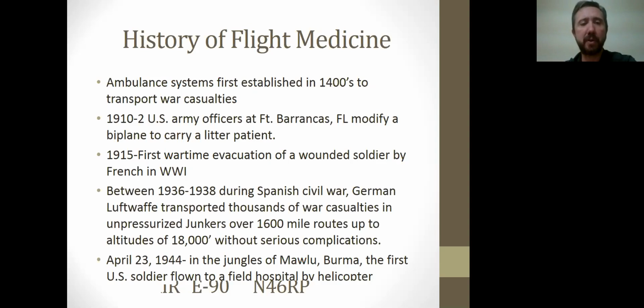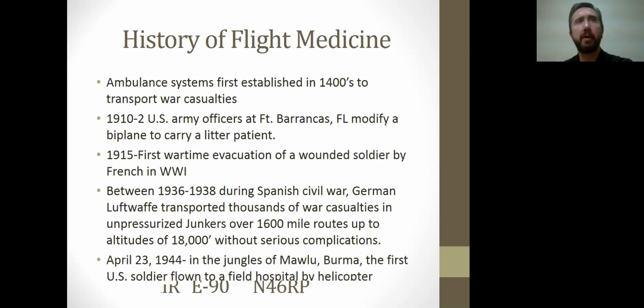Then between 1936 and 1938, during the Spanish Civil War, war casualties in unpressurized Junkers over a 1,600-mile route were transported at altitudes greater than 18,000 feet without serious complications. So that is simply amazing, specifically on how everything has become so modern and where we are today.